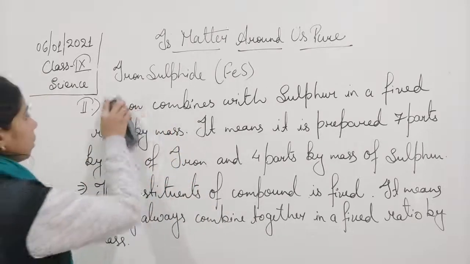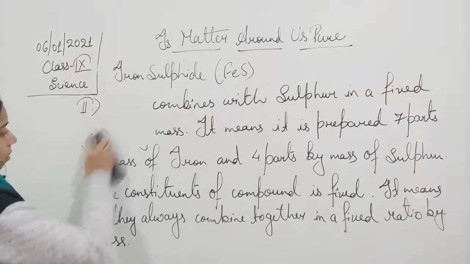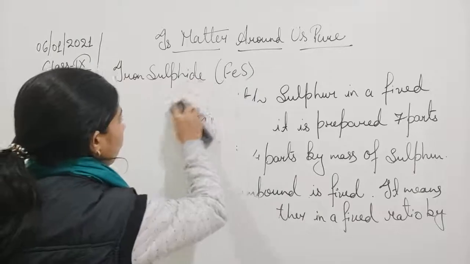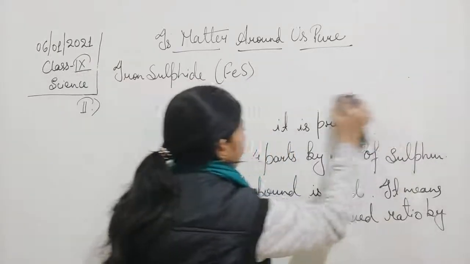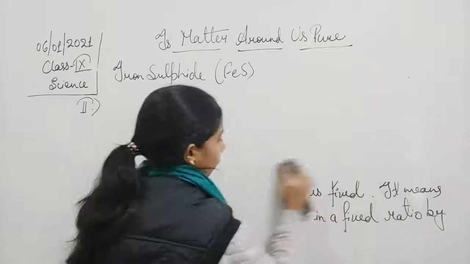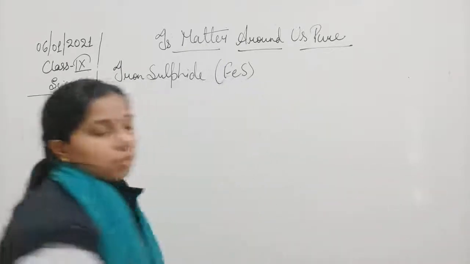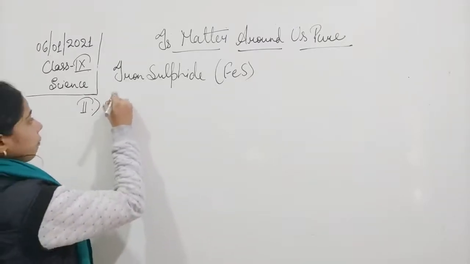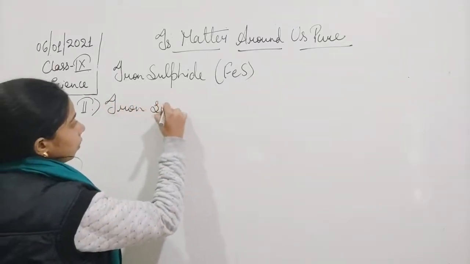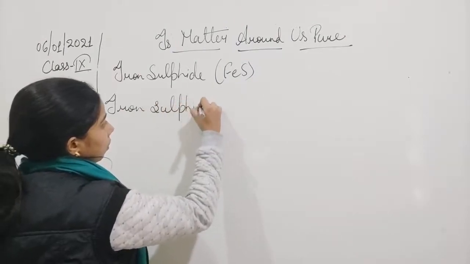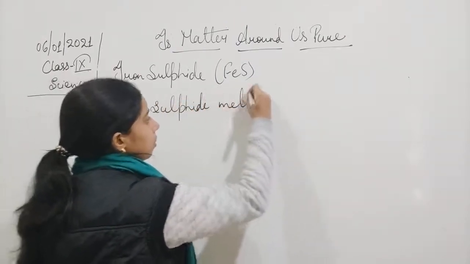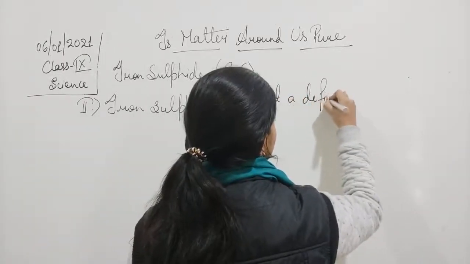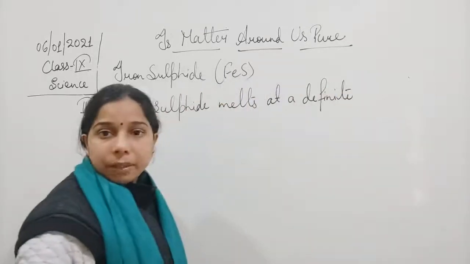So we can write it: iron sulfide melts at a definite temperature.